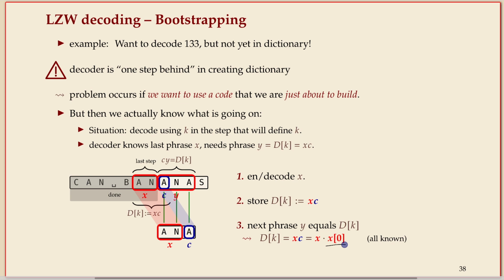All right, so again, follow along the picture. We have AN in the encoder previously. We encode that, but then we add the A and put that into the dictionary as a new phrase. And now the situation means we've now used that phrase as the next step. So the next phrase must be A and A. And that's the next thing that the encoder encodes. So it uses this new phrase.